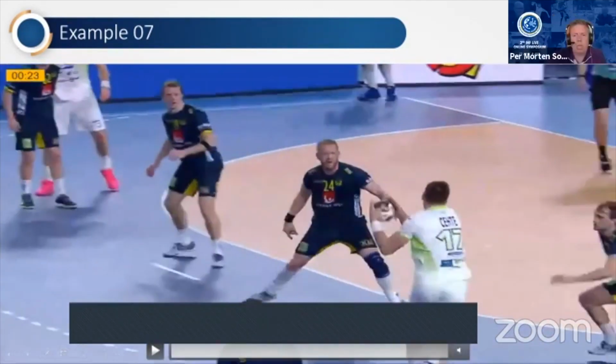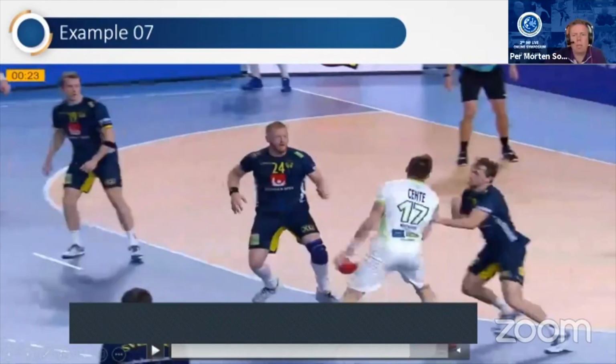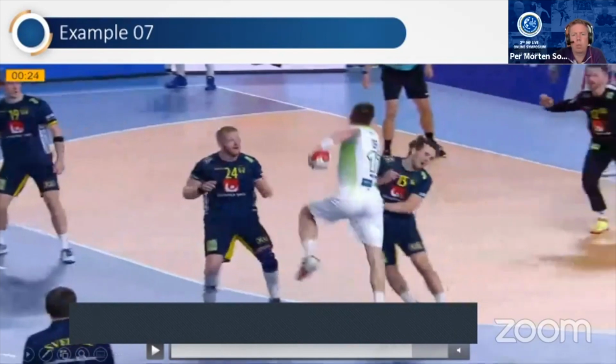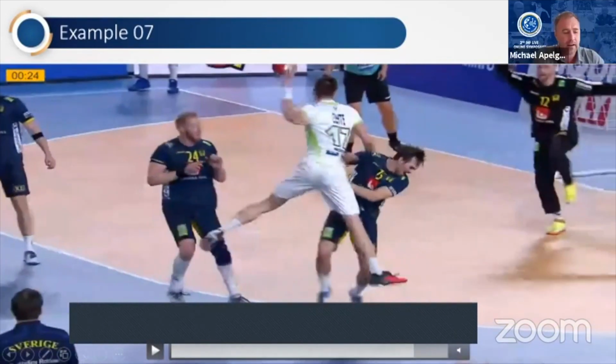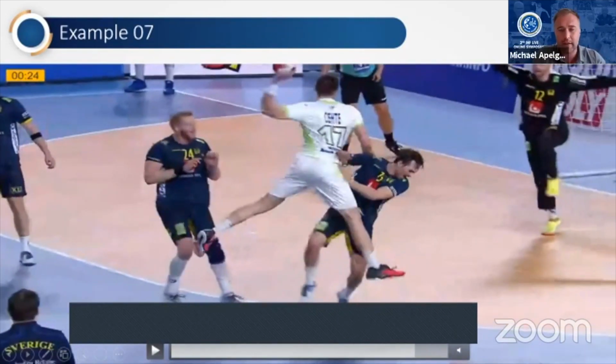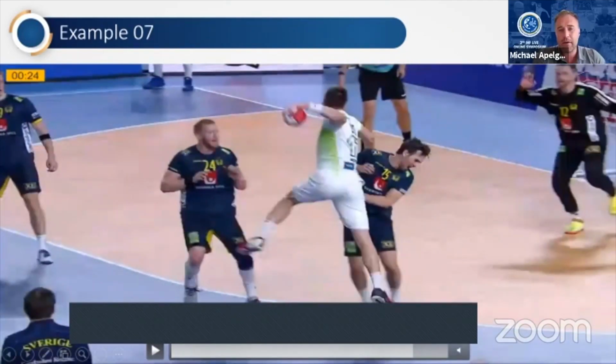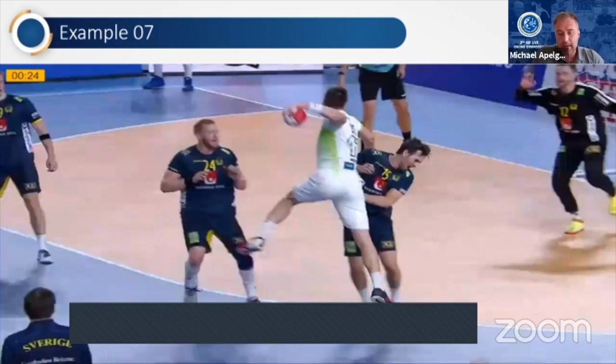Yeah. So you say that the attacker is jumping sideways away from the defender and also into the open space. Yeah, and a little bit, I mean, sideways, you can't be that black or white, but what I mean is that if he's jumping more towards the goal, he probably would have gotten an offensive foul in this situation.